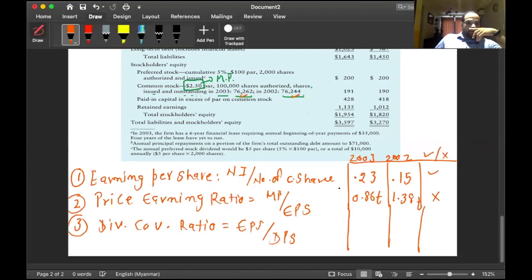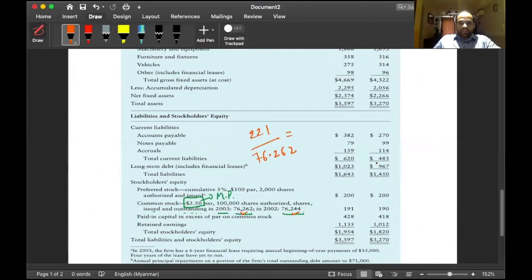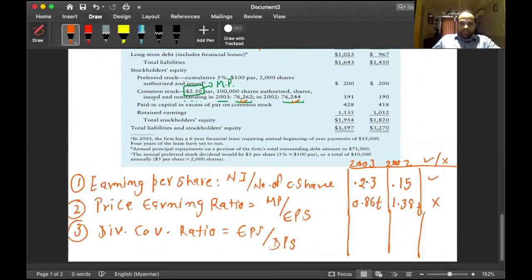No, that's wrong. It's 2.9 and 1.8. 2.90 and 1.81, whatever. So this is your EPS, and DPS already given in the question. So calculate your dividend cover ratio and tell me for 2 years.